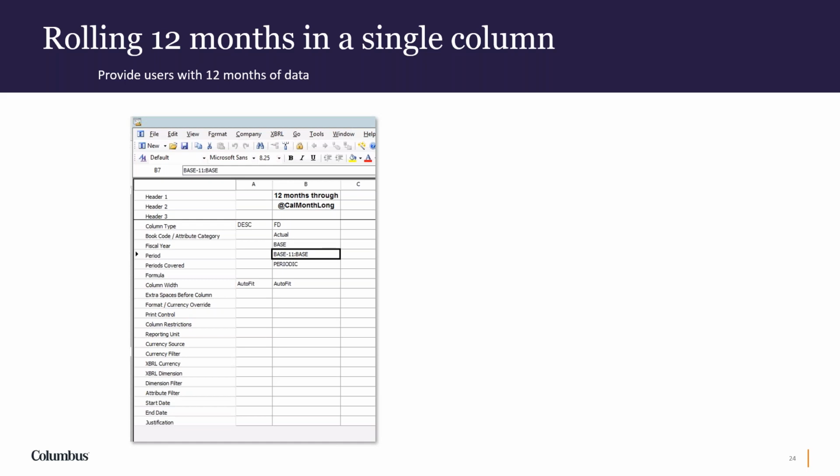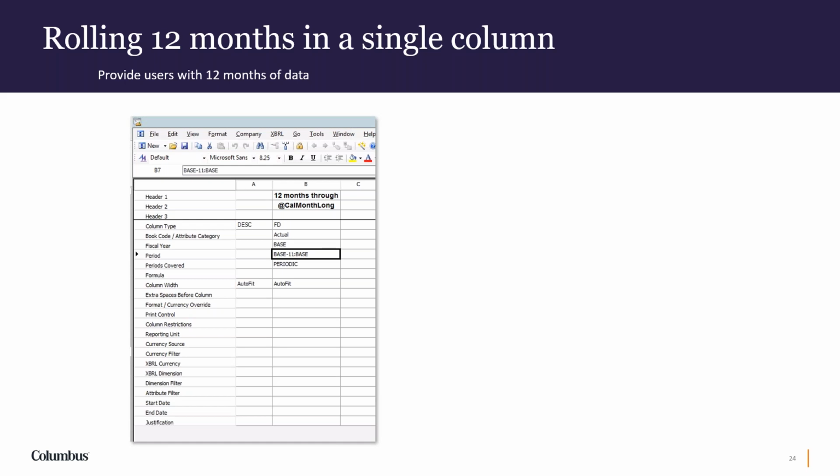If you ran this, let's say in June, it essentially would give you July through June, where July, August, September, October, November, December actually were representative of the information from the prior year.